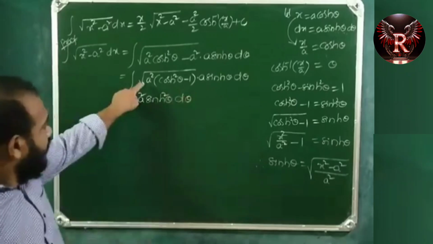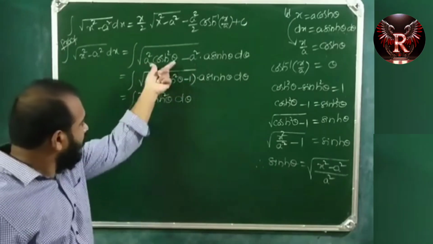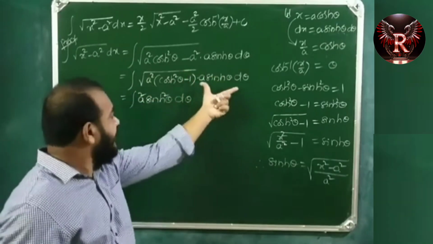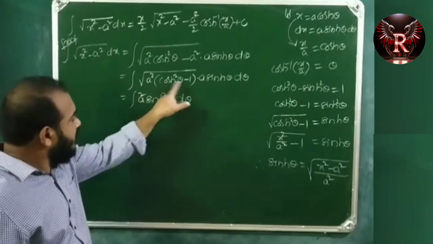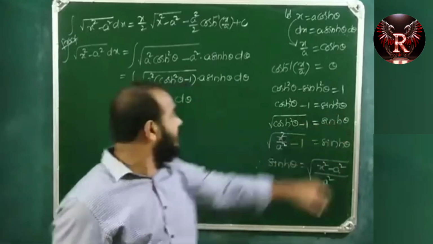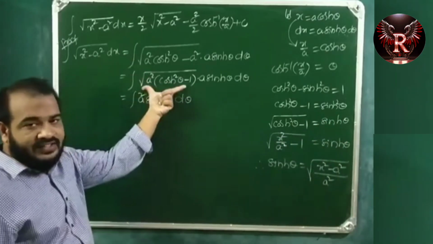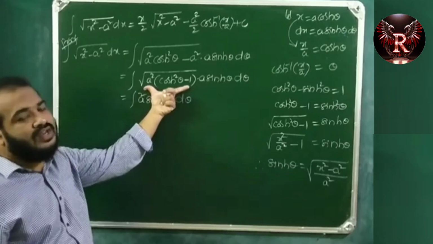Again, I have taken a square in common, then cosh square theta minus 1. Outside, a sinh theta d theta is the same. So cosh square theta minus 1 is sinh square theta. Therefore inside, a square sinh square theta is there. A square sinh square theta is a sinh theta whole square.